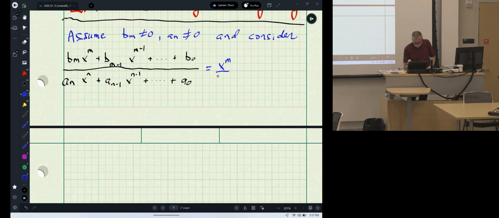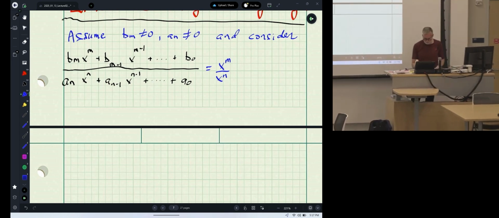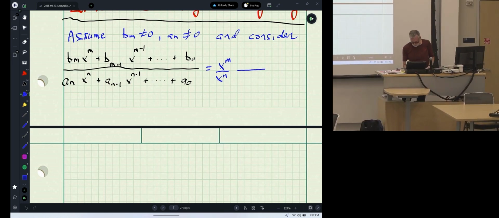I'm going to factor out the highest term in the numerator and the highest term in the denominator, and then leave myself with b_m, b_{m-1} over x, plus dot, dot, dot, b_0 over x^m, and similarly down here.